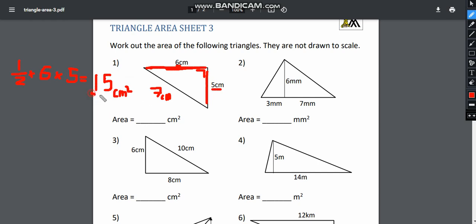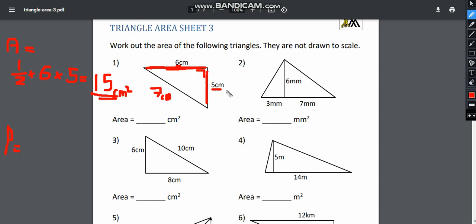Okay, that's important. And now if you want to find the perimeter, so that was the area. If you want to try and find the perimeter of this shape. Okay, so if you imagine you walked all around the edges, it's going to be 7 plus 5 plus 6.